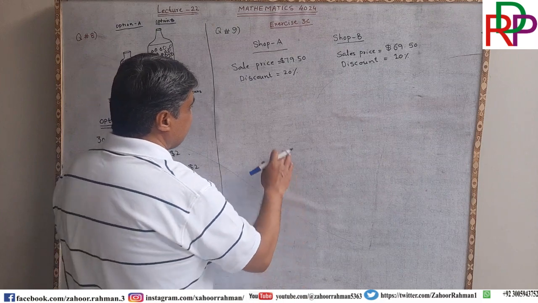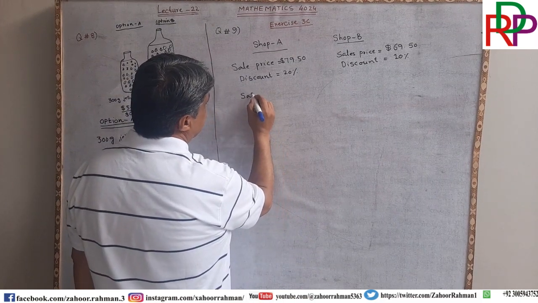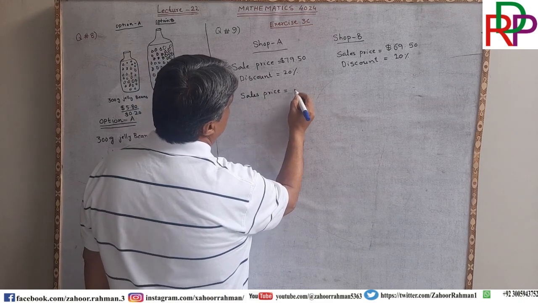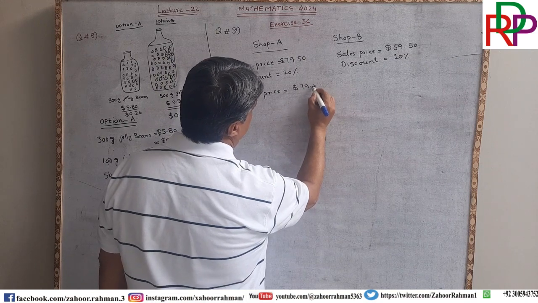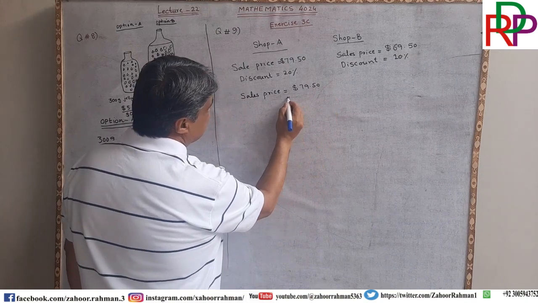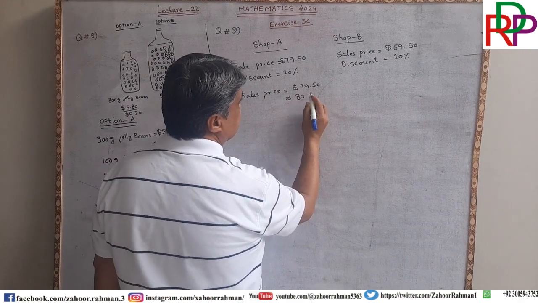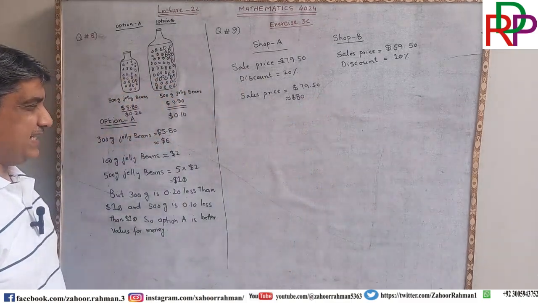Now, shop A is giving sales price is equal to $79.50, which is nearly equal to $80.